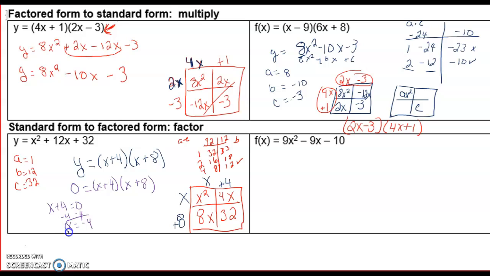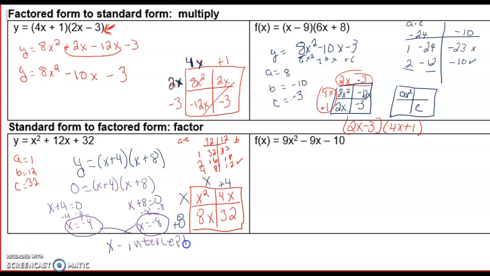So that's one x-intercept. Do the same thing over here for this one. Because if he's 0, again, my equation will be 0. Subtract 8. So x equals -8. So your x-intercepts are right here, -4 and -8.